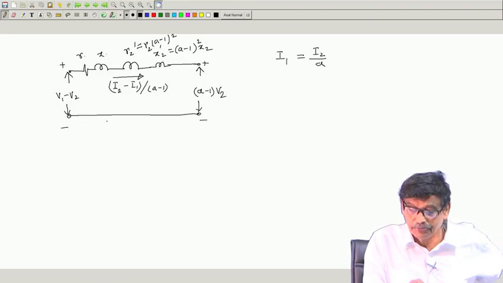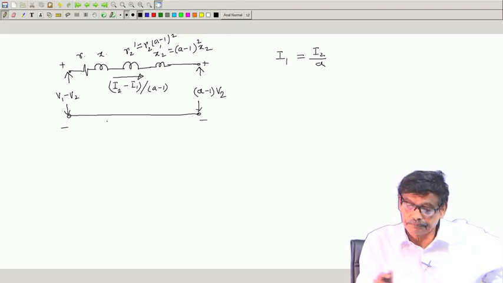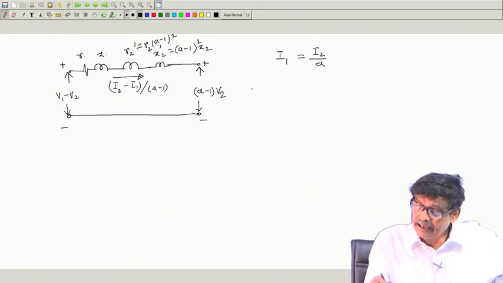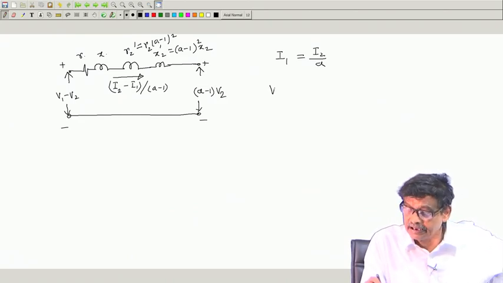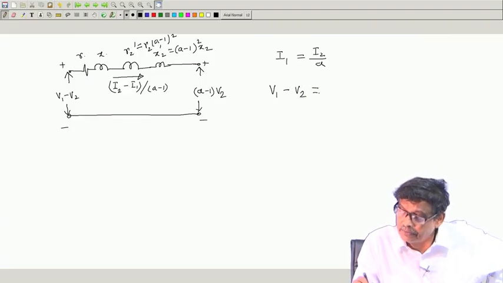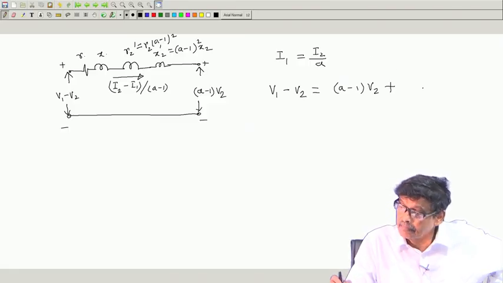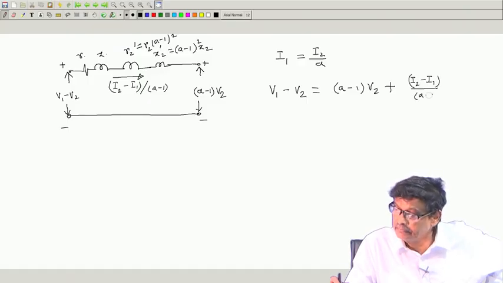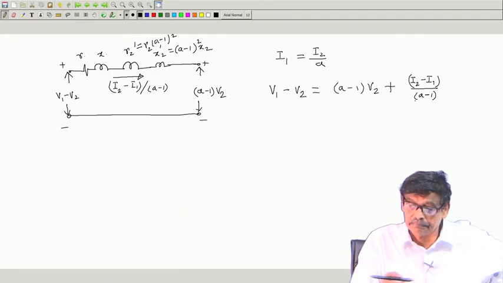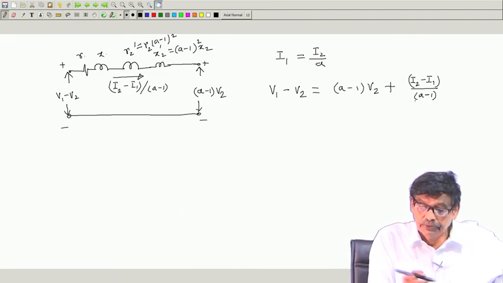Now, what is the importance of doing this? If you do this way, then by applying KVL rule, I can write down V 1 minus V 2, this voltage, is equal to A minus 1 into V 2 plus of this current, that is I 2 minus I 1 divided by A minus 1, this current into this whole impedance.